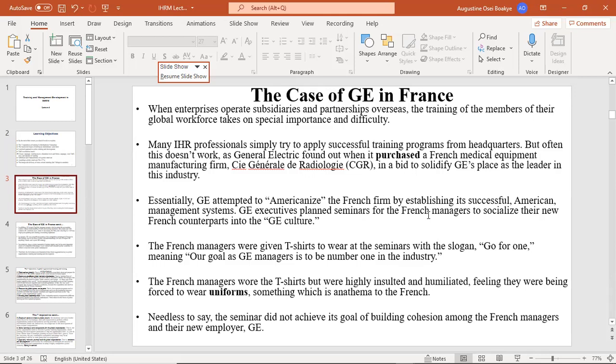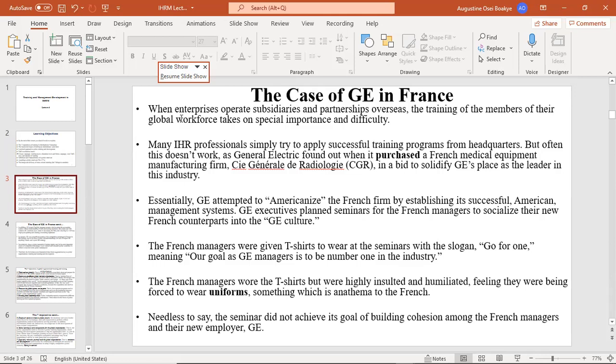Now, when enterprises operate subsidiaries and partnerships overseas, the training of the members of their global workforce takes a special importance and difficulty. Many international human resource professionals simply try to apply successful training programs from the headquarters.